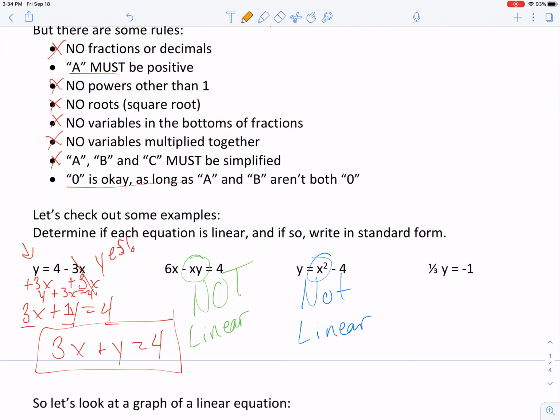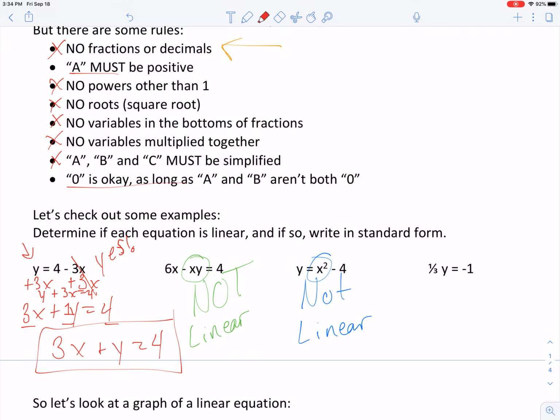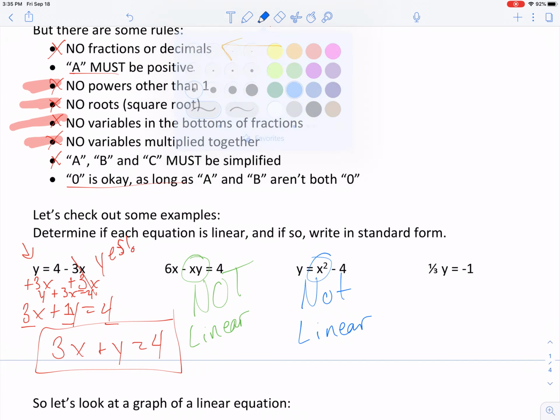1/3 y equals -1. This one looks promising. I know I say no fractions or decimals. That's once it's actually all the way simplified. First, let's do this. Let's highlight the rules you need to check first. So the first thing I want you to check if it's linear or not. Here, roots, variables on the bottom of fractions, variables multiplied together, like that. Then after that, then you're going to go through and fix it so that there's no fractions or decimals.